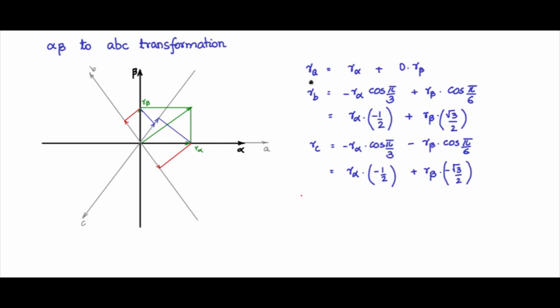So when you do the reverse transformation, when you have a value 1 in the alpha beta domain, it will be 2 by 3 in the ABC domain.